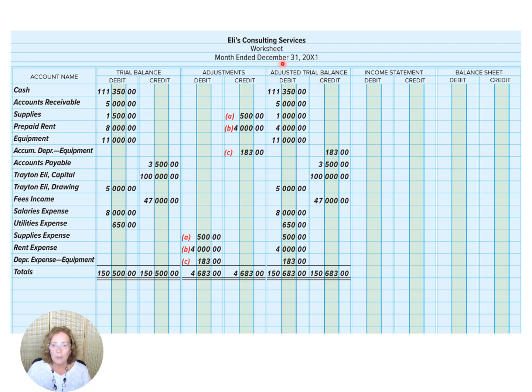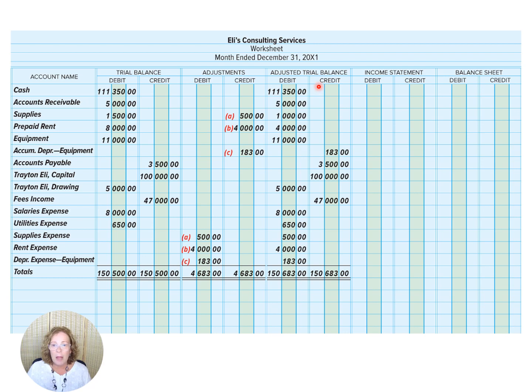Next, we complete the adjusted trial balance columns by adding the amounts in the trial balance columns and the adjustment columns. Only the 6 accounts from the trial balance columns that had adjustments now have a new amount in the adjusted trial balance columns. All others remain unchanged from the trial balance columns, like for instance the cash account.